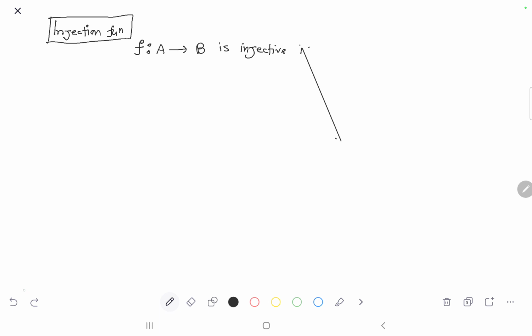If x1 not equal to x2 implies f of x1 not equal to f of x2. Got it? So this means if you take two distinct elements here, they will map to two distinct elements. These two are distinct. This kind of thing you have.